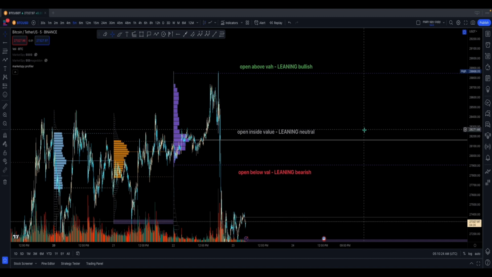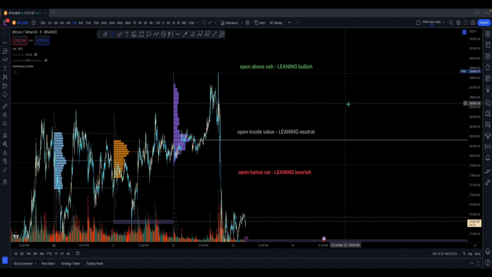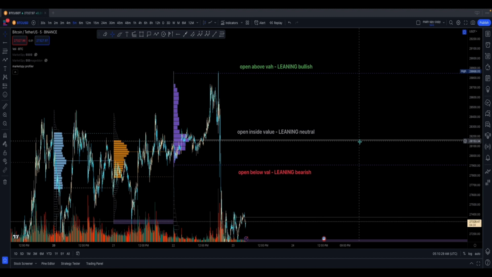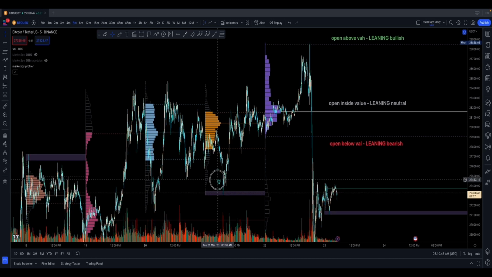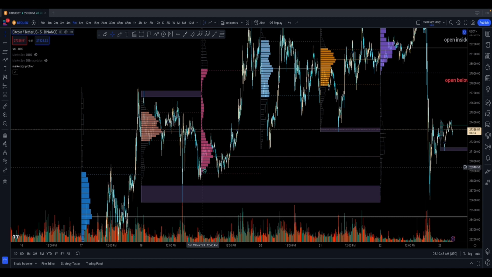But another thing that you need to know is upon new day start, the previous day will always make an attempt to push to yesterday's value because price doesn't know its value. As market participants, we give price its value. So when it opens under value, it doesn't know what it is.